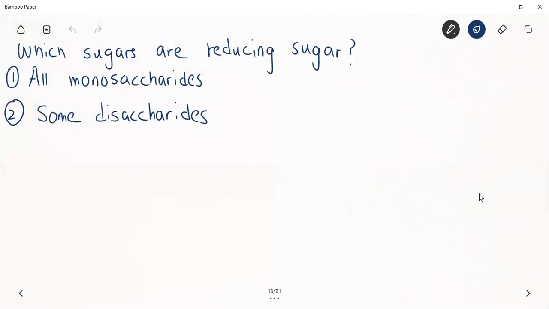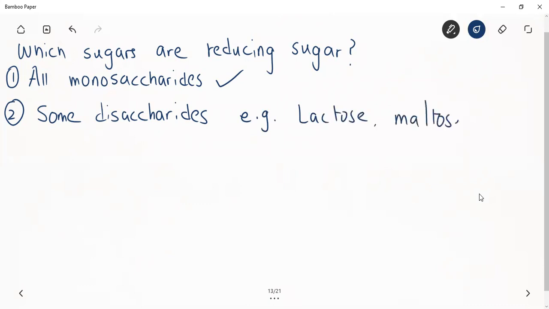Which sugars are reducing sugars? All monosaccharides are reducing sugars. Some disaccharides are reducing sugars, for example, lactose and maltose. What about another disaccharide which we all know very commonly, sucrose?